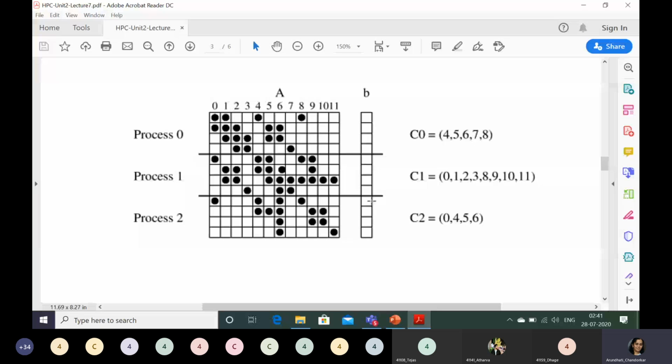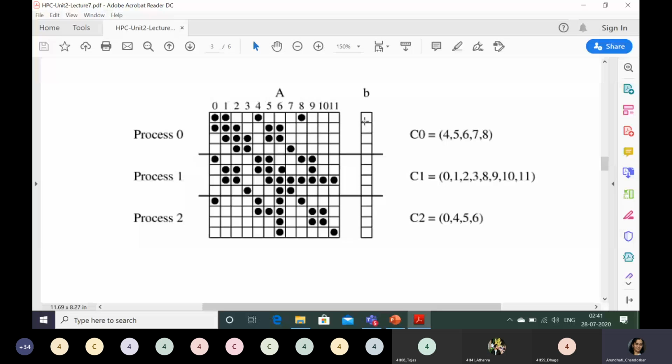We don't require everything, just start from 8. So just start from B0, 1, 2, 3, up to 11 it is going.